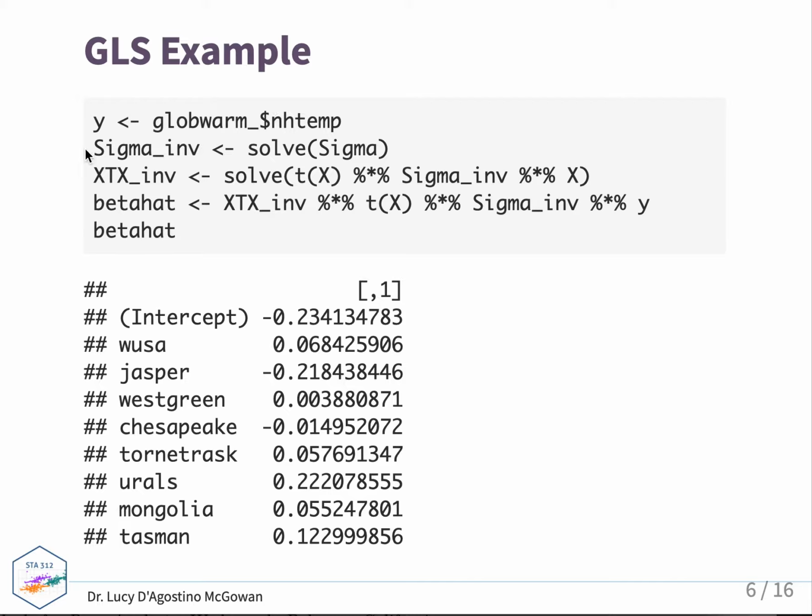And now let's calculate the inverse of sigma because we're going to need that. And we can plug that into the equation that you derived for beta hat. So I can pull out that sigma inverse. I can create this X transpose sigma inverse X inverse matrix, with sigma inverse sandwiched in between the X's. And now I can plug that into a beta hat equation.